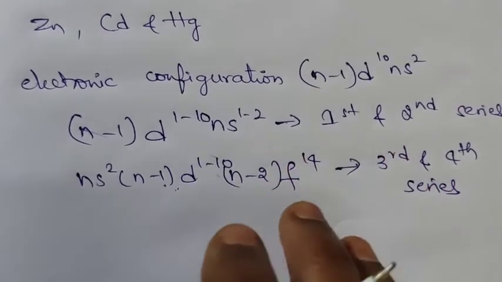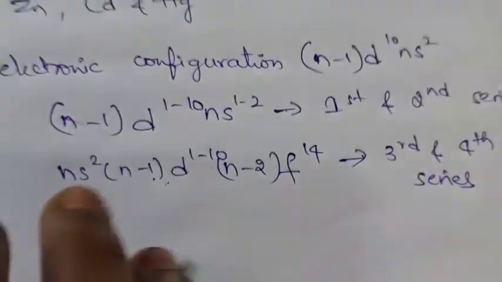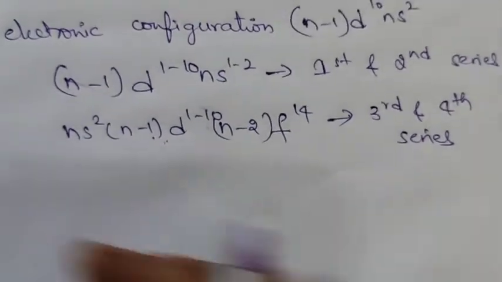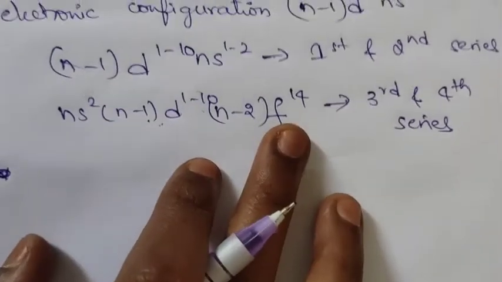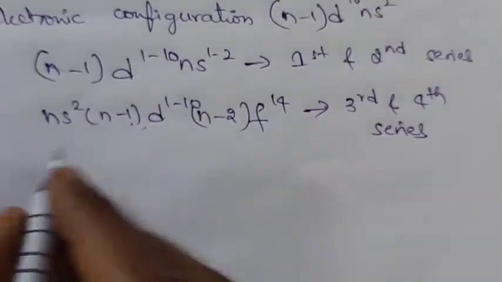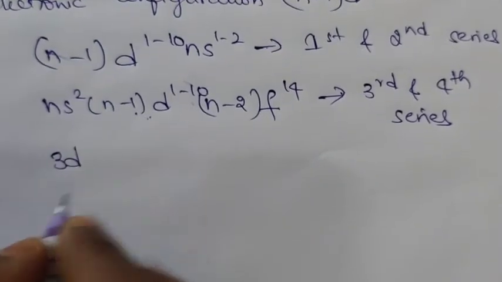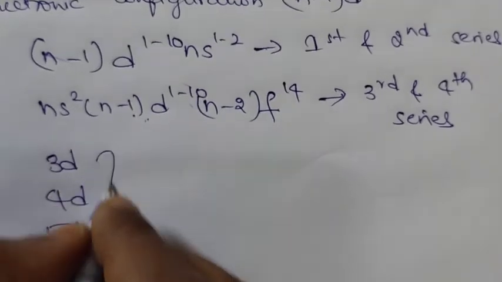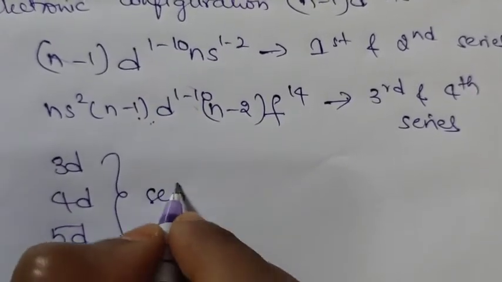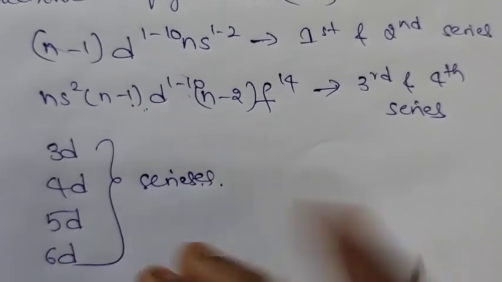One more thing, we have four series: 3d series, 4d series, 5d series and 6d series. Now we will see the variable oxidation states of these D block elements.